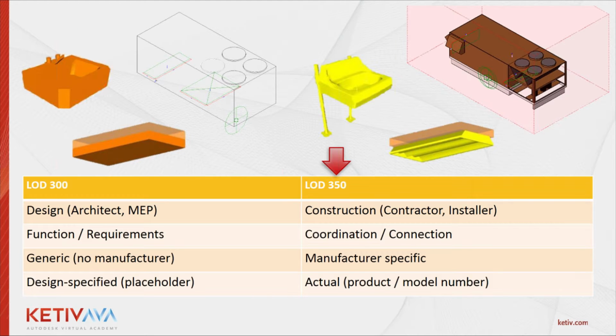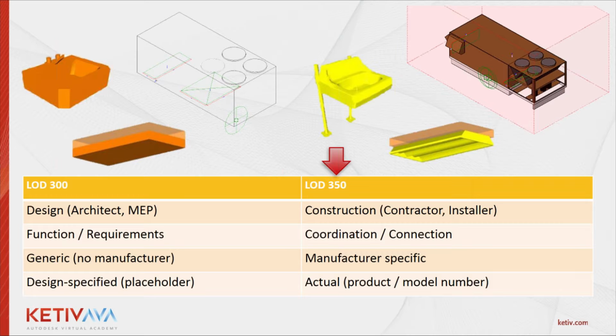The most common ones really are 300 and 350. 300 means that you're probably supplying something to the full-on architect or MEP (mechanical, electrical, plumbing) contractor, for example, and all they need to know is its function and the requirements, where it's actually located, so that they can connect to it if necessary, or just simply where it takes up real estate.